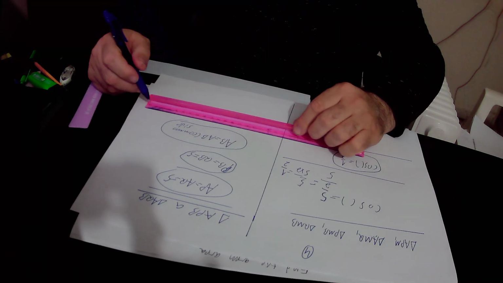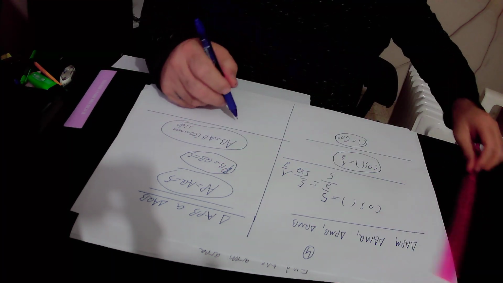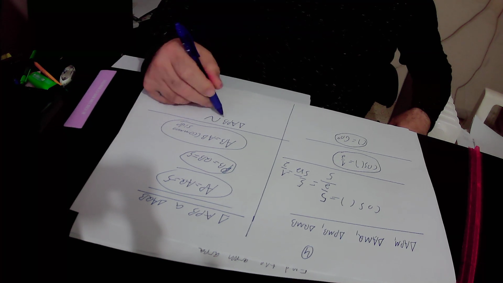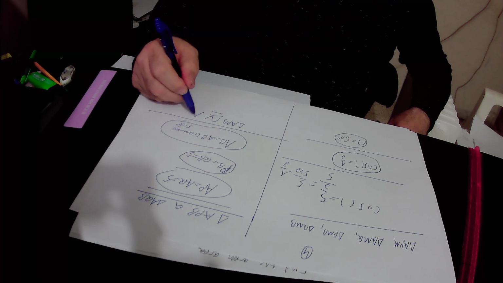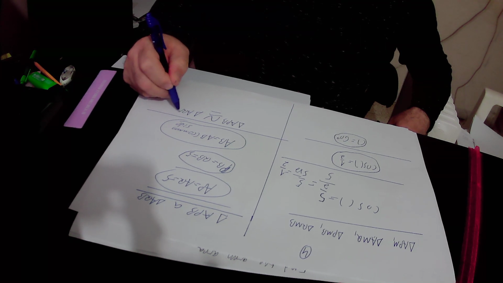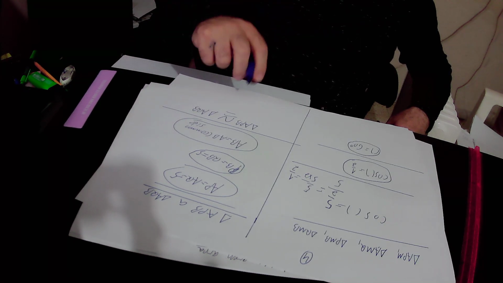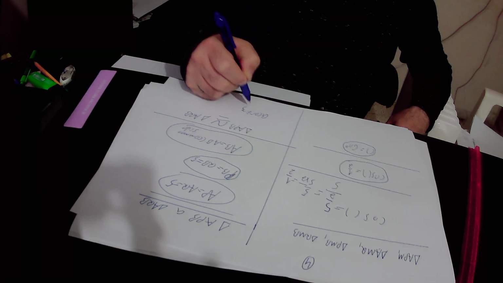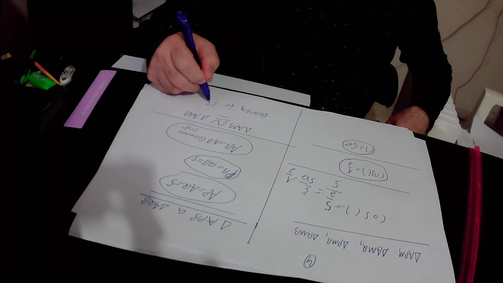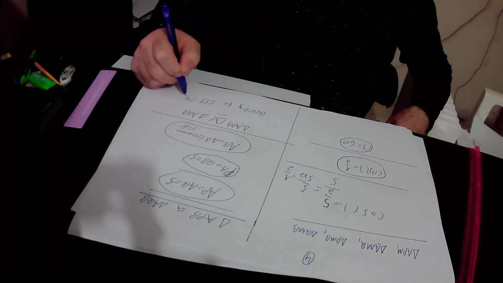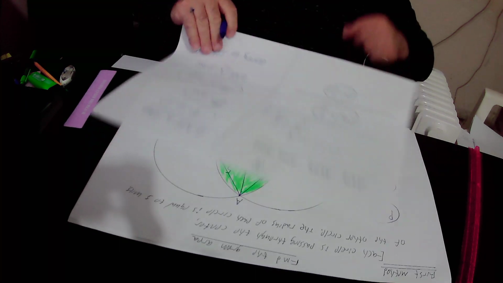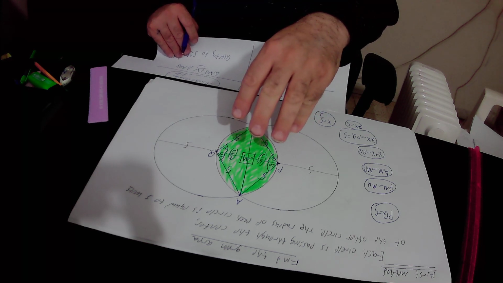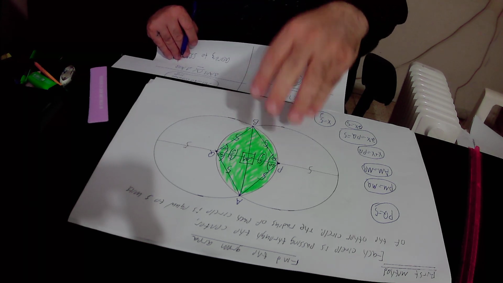We actually proved that triangle APB is congruent, this is the sign of congruent, to triangle AQB according to side rule. All the sides of triangle APB are congruent to all the sides of triangle AQB, therefore those two triangles are congruent to each other according to the side rule.